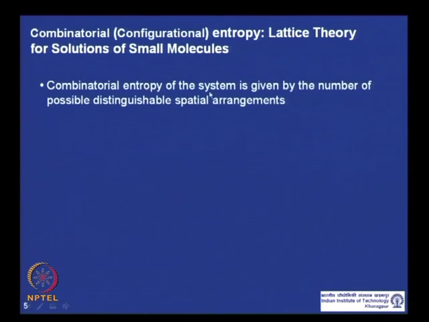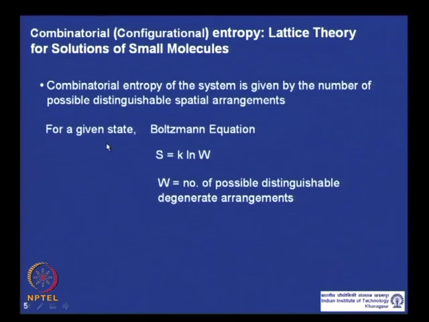Combinatorial entropy of the system is given by the number of possible distinguishable spatial arrangements. So, for a given state, we know from statistical thermodynamics, or statistical mechanics, that the Boltzmann equation gives the relation between the combinatorial entropy and W, which is the number of possible distinguishable degenerate arrangements.